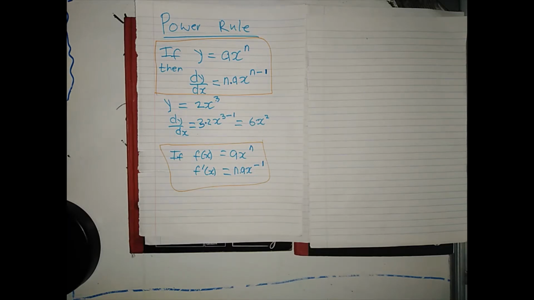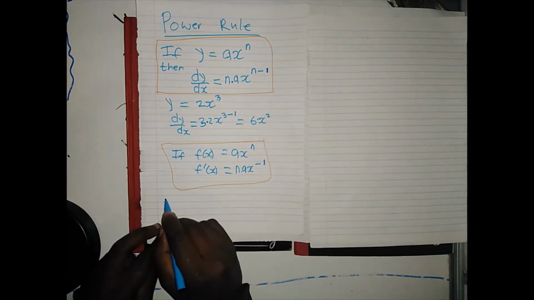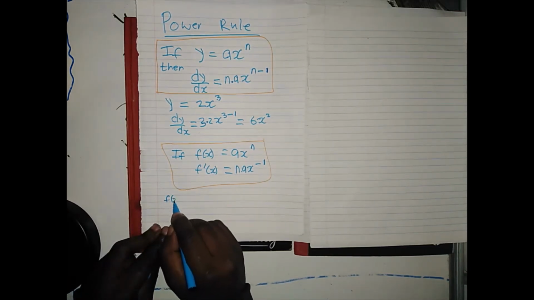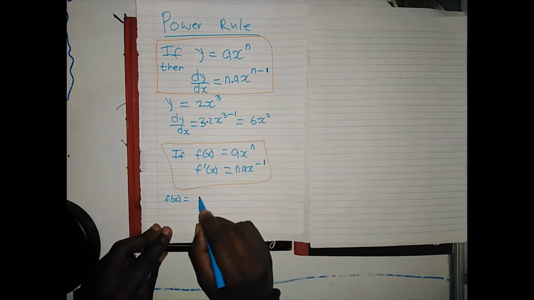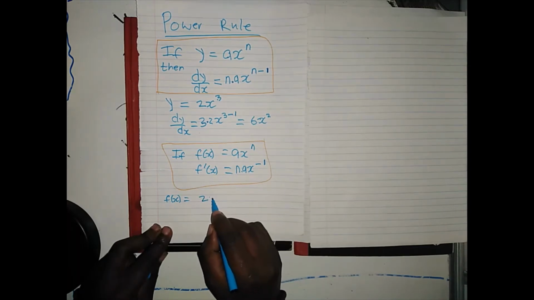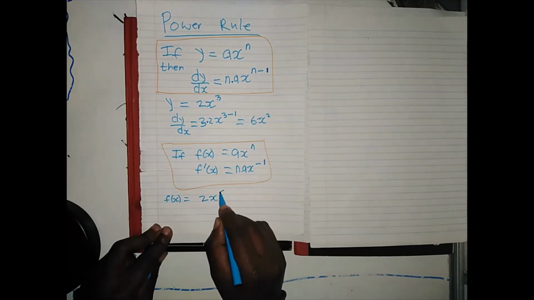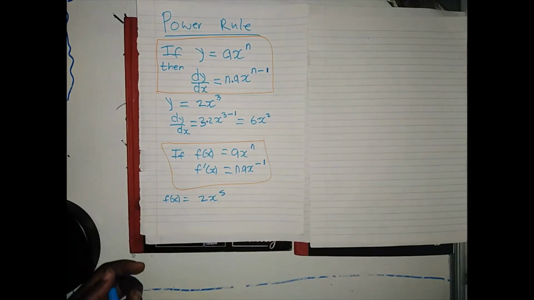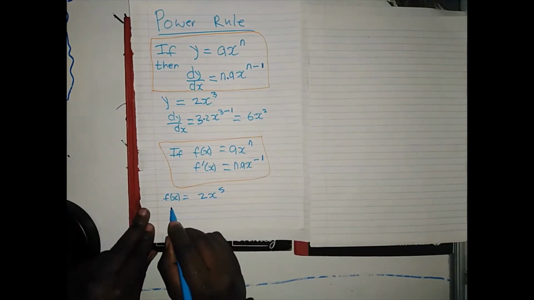Okay, now let us give another example. Let's say you have f of x equal to 2x to the power 5. How do you find f prime of x here?